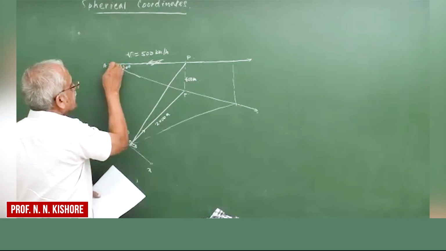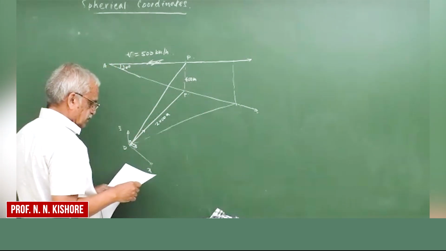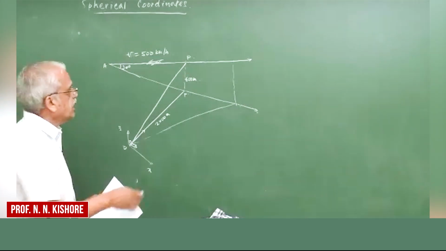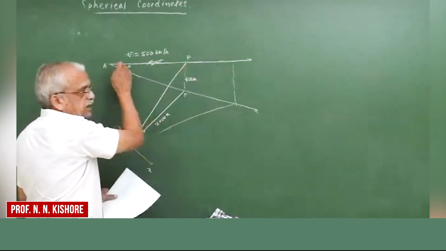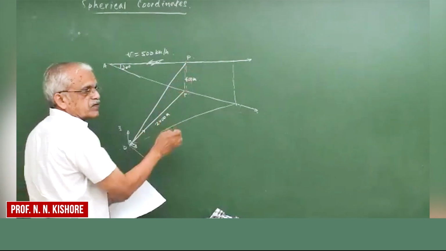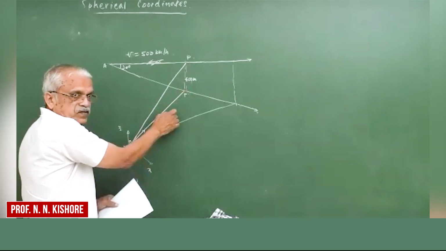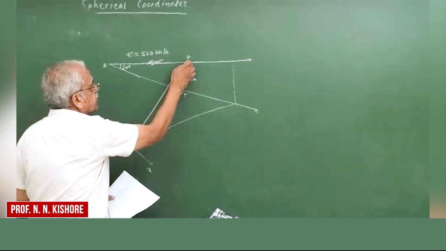This plane is taking off at 30 degrees at this point, and then it is steadily climbing at 30 degrees. By the time it came here, the height is 600 meters. Horizontally it is 2000 meters away from the observation point, and this is the vertical line.